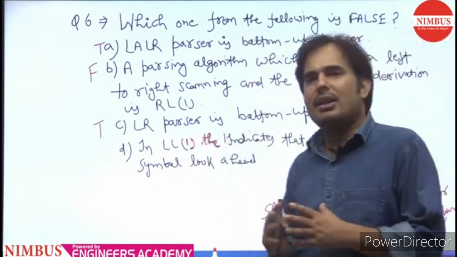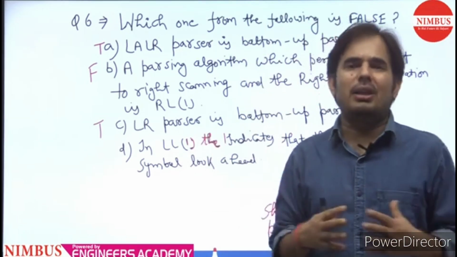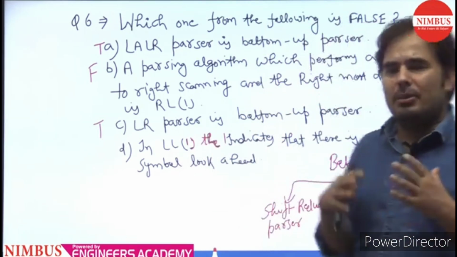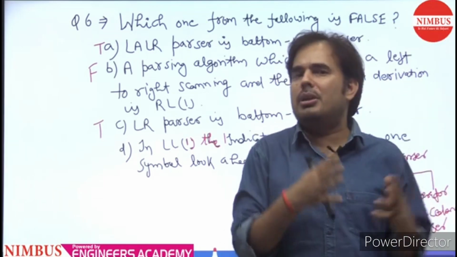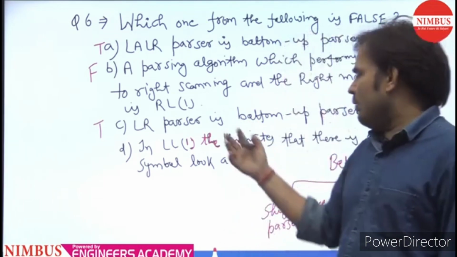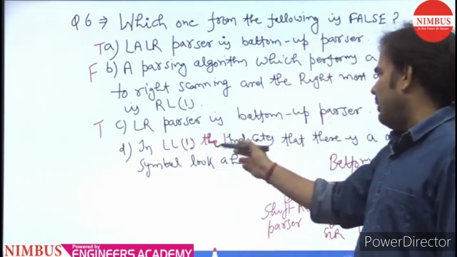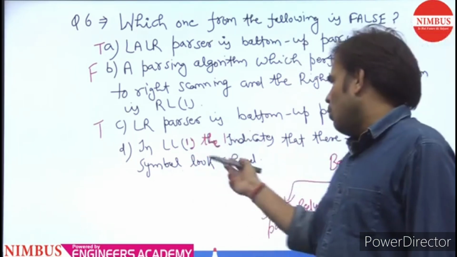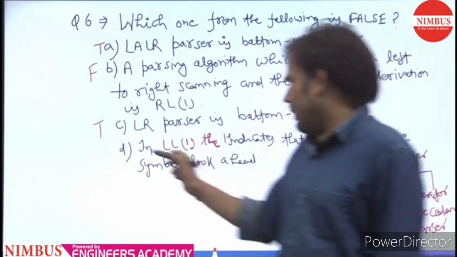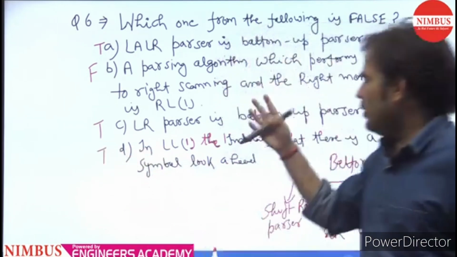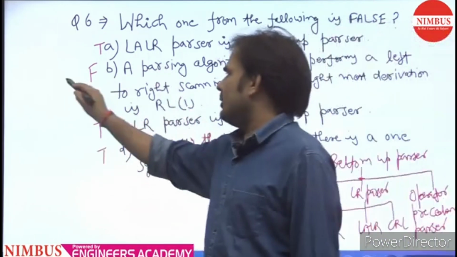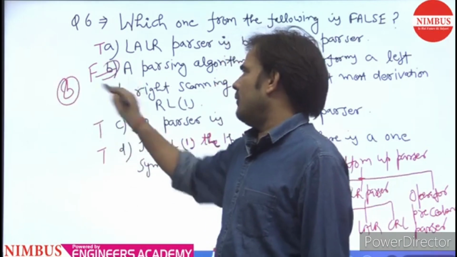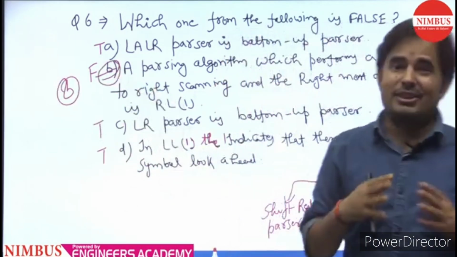Length of look ahead symbol. Length of look ahead symbol means at a time it can read only one terminal. So in LL1, the 1 indicates that there is a one symbol look ahead. Yes, this is the meaning. That's why this is a true statement. So which one is false? B is false. That's why B is the right answer, because it's a false statement.